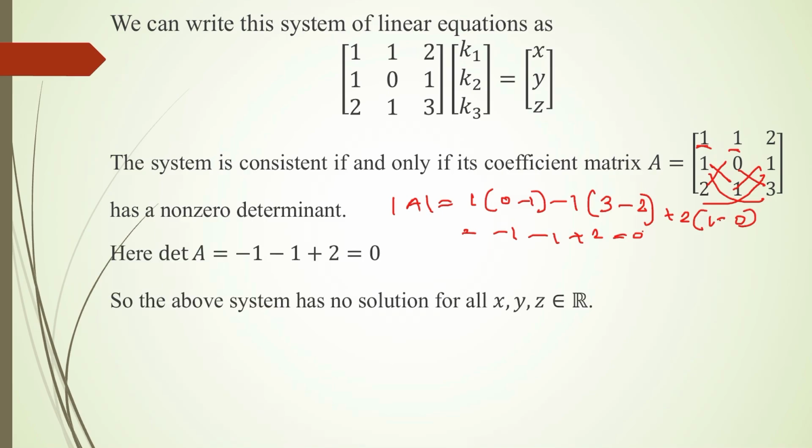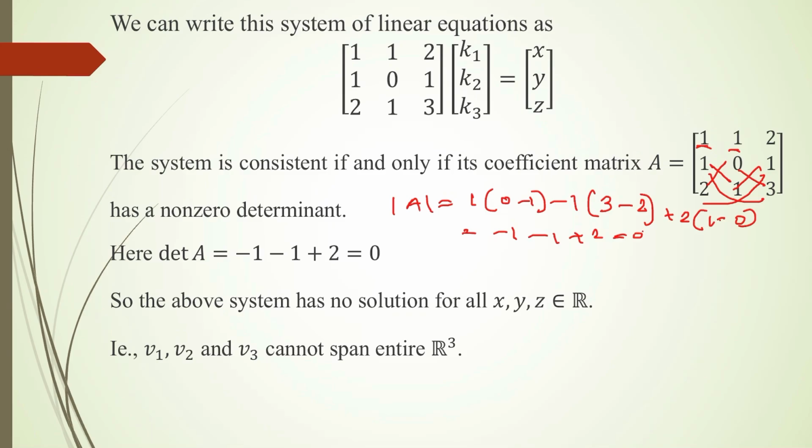So the determinant of A is equal to 0. Therefore this system may not have a solution for some xyz. So the above system has no solution for every xyz; for some xyz it will not have a solution. So we can say that the vectors v1, v2, v3 cannot span the entire R3.